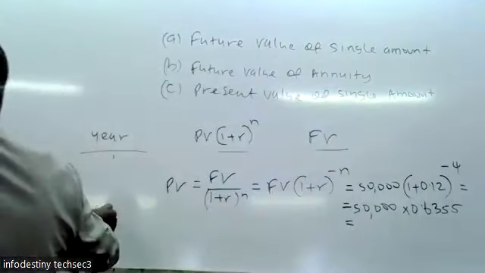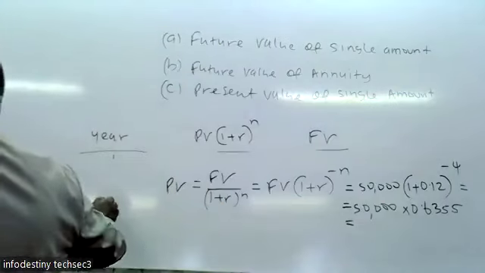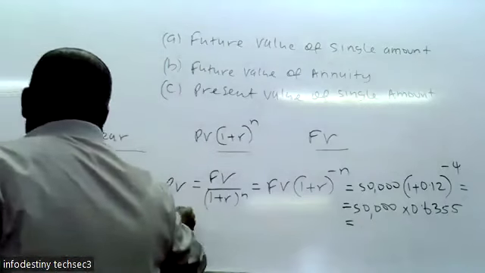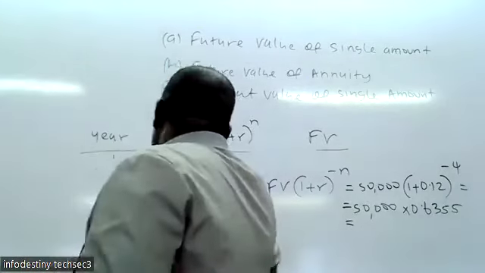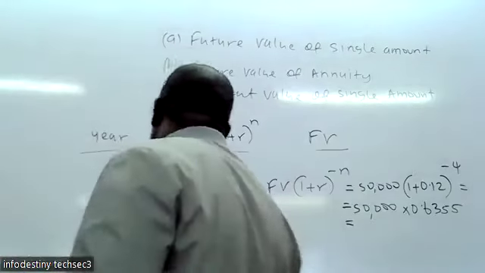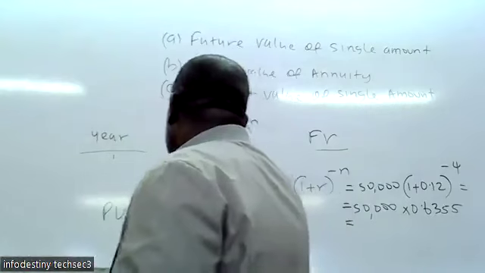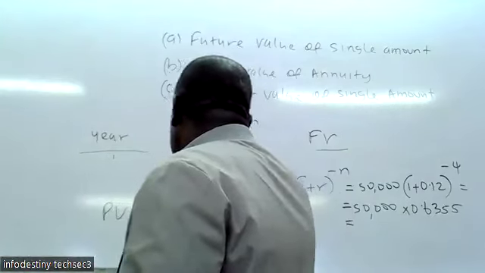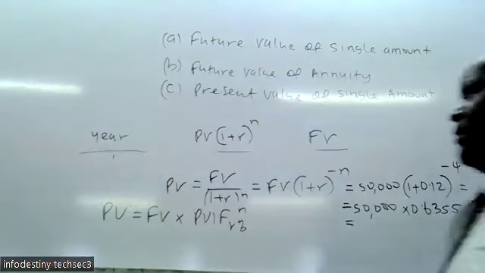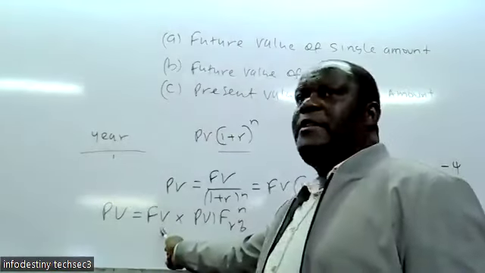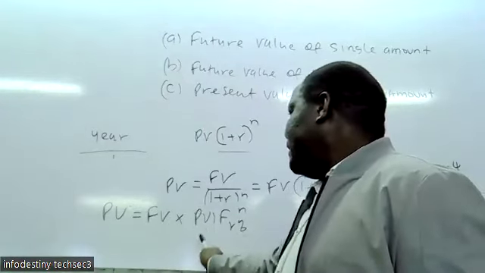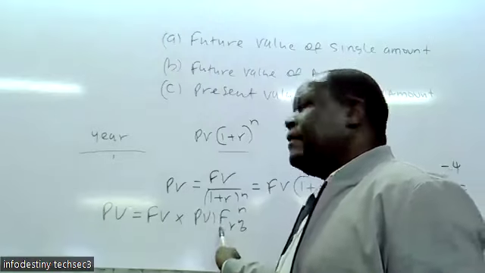So when you want to compute the present value, simply take the future value multiplied by present value interest factor at R%. So to get now the present value, simply take the future value multiplied by present value interest factor.